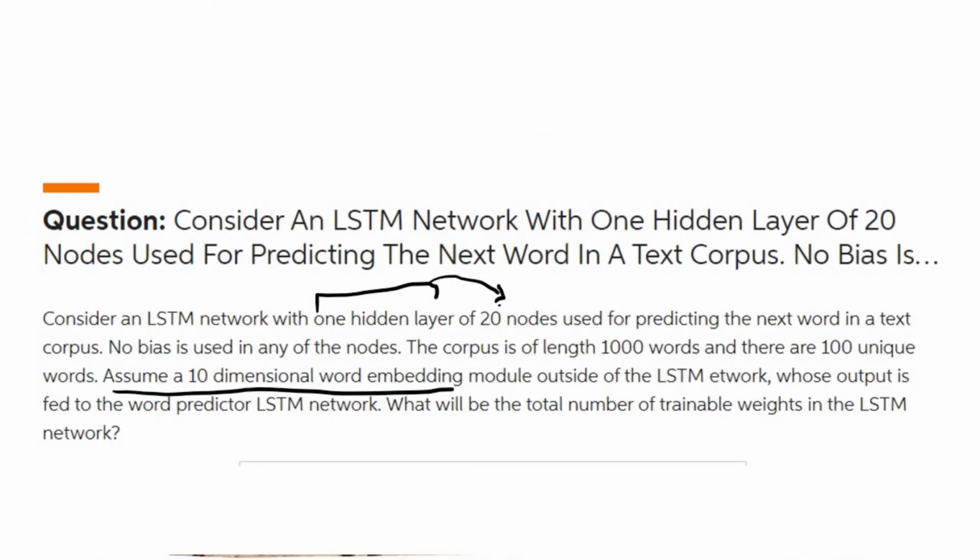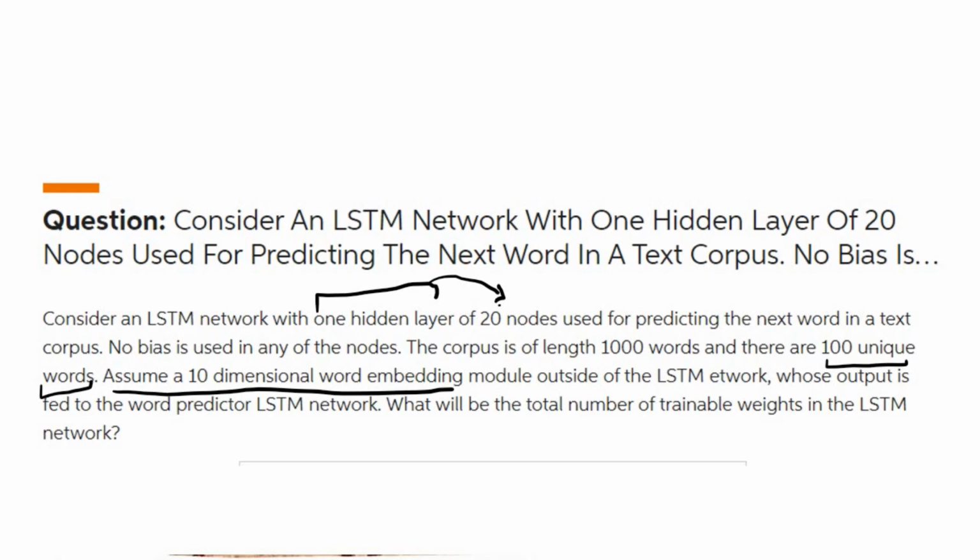So V is supposed to be a vector where there are 100 unique words which should be present. So amongst the 100 unique words, there is going to be one word which could be predicted.